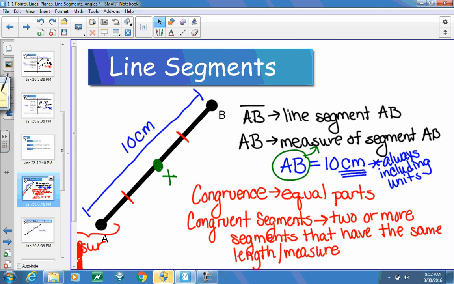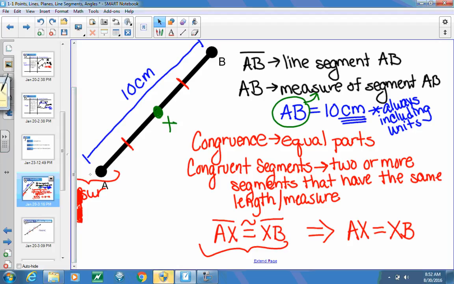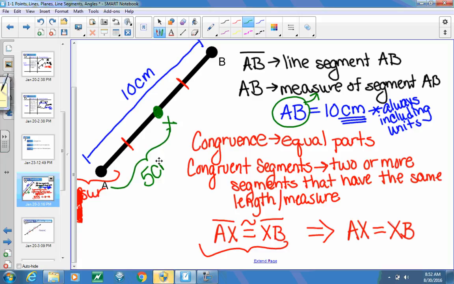Okay, hopefully you got that before it jumped off. If that whole length right here is 10 centimeters, then AX would have to be 5 centimeters, and XB would also be 5 centimeters, because the whole segment has to be 10 centimeters and we know those two have to be equal to each other.